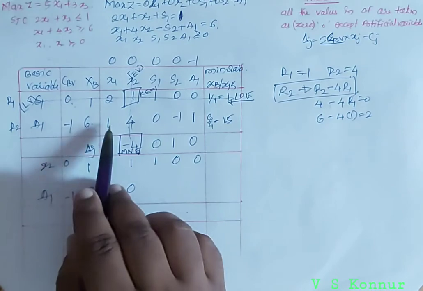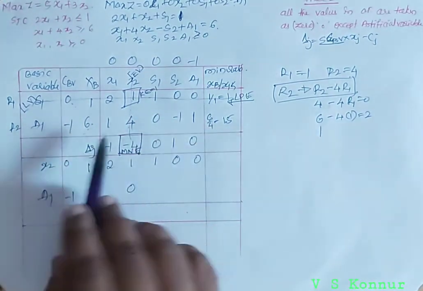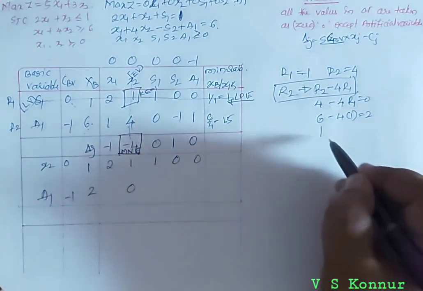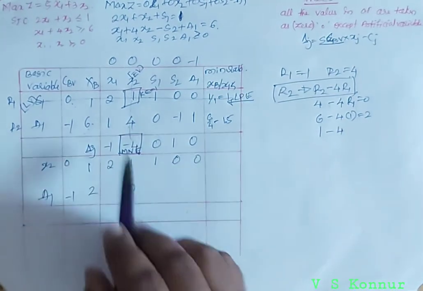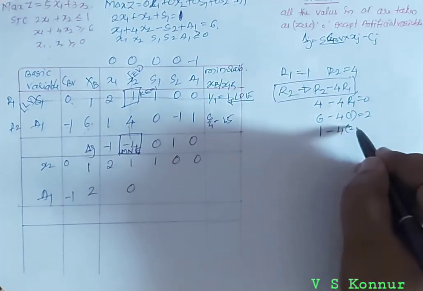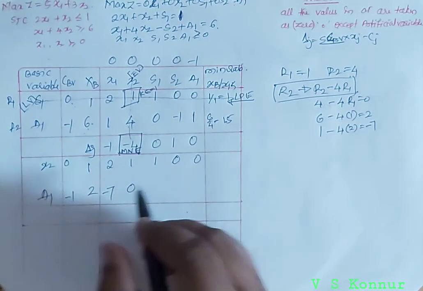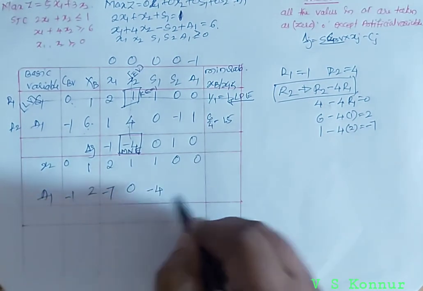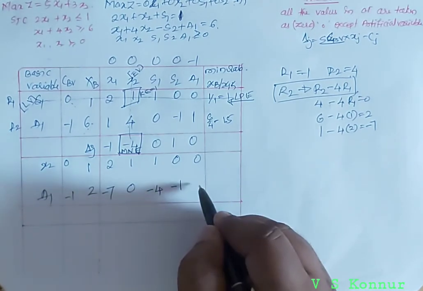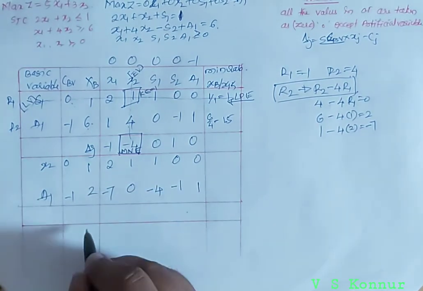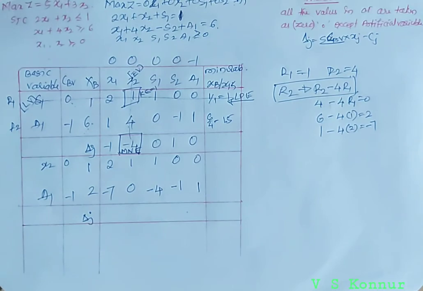In the same way for this, R2 is having 1, minus 4 into 2, R1 is having 2. So minus 7 we will get. The same we have to calculate. We will get minus 4 here, minus 1, 1. These values you will get. Then you have to calculate the delta z value.